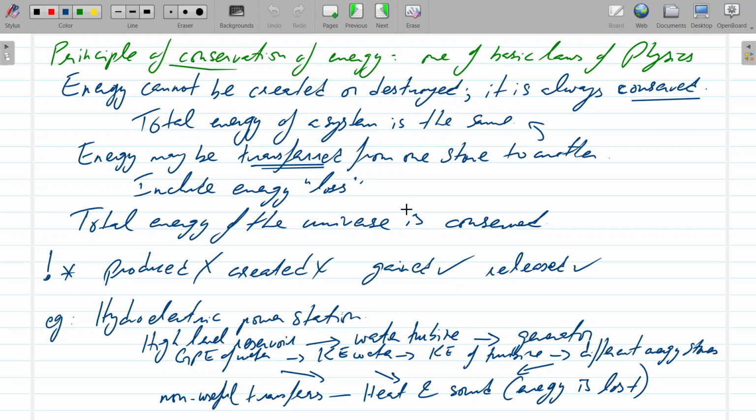Now, continuing with the chapter, we are going to specifically talk about two of the energy stores, kinetic energy and gravitational potential energy. Along with that, we're going to lead into the conservation of energy.